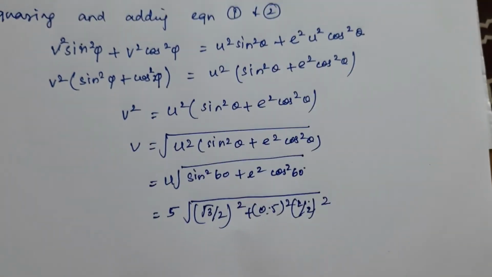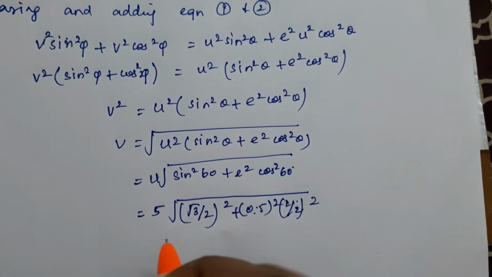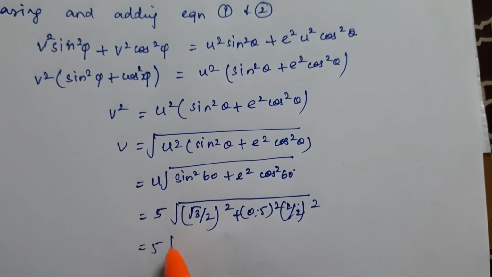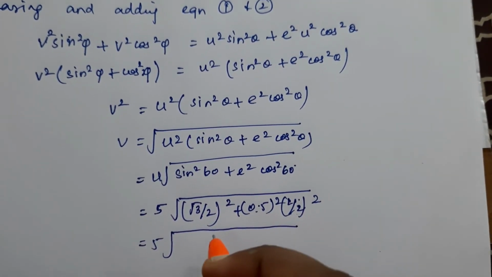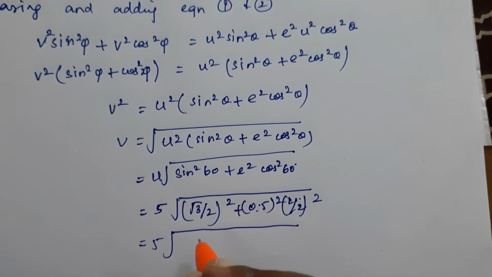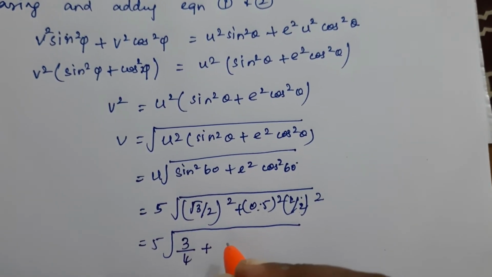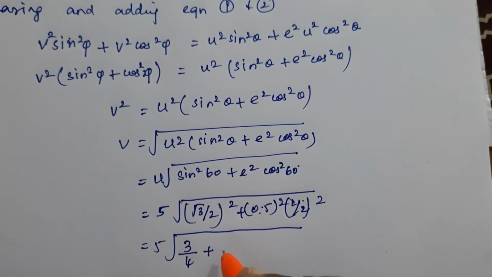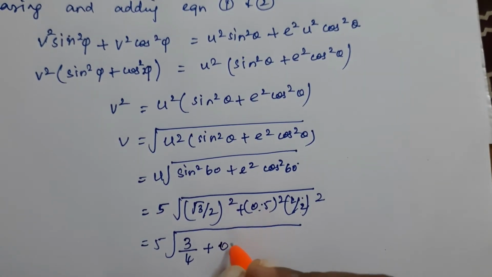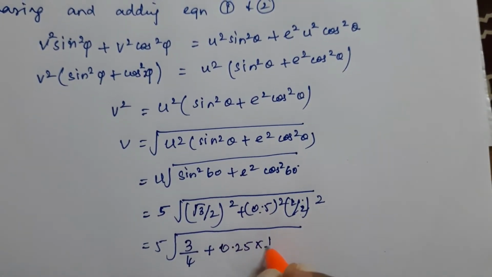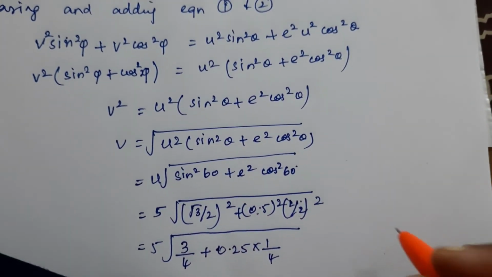So if you take this, it is 5 into root of 3 by 4 plus 0.25 into 1 by 4.